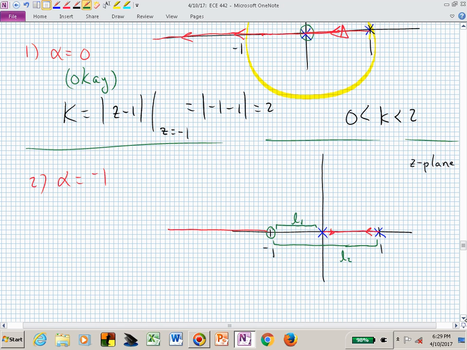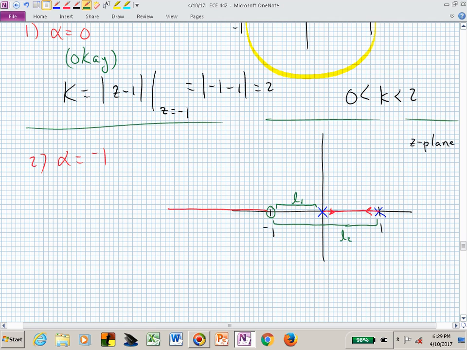And the geometric mean is the radius away from the center, where the geometric mean for this particular pattern of poles and zeros would be the square root of L1 and L2. And in this case, our L1s and L2s are pretty clean. L1 is 1, that's P1, 0 minus 1. So we now have 1 times 2, or the square root of 2. So that our geometric mean determines our radius away from the center.